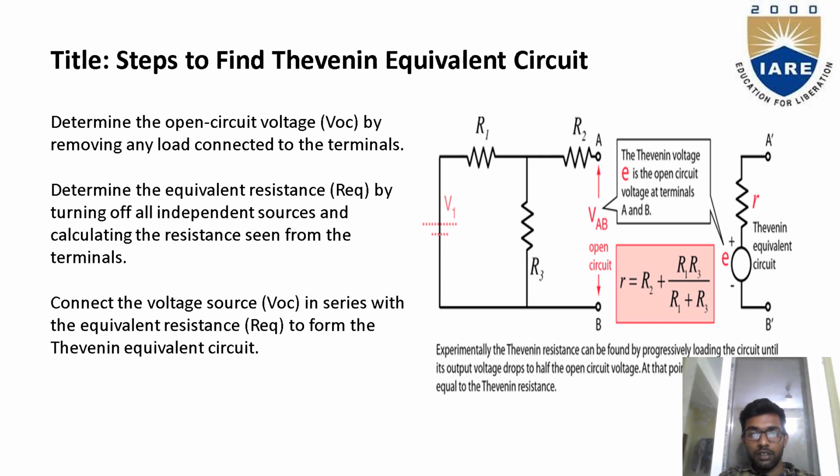Here R1 and R3 are in parallel, so the formula is R1 into R3 by R1 plus R3, and this equivalent of R1 and R3 is connected in series with R2. So we add those two resistances, and we can calculate the total resistance by this method.